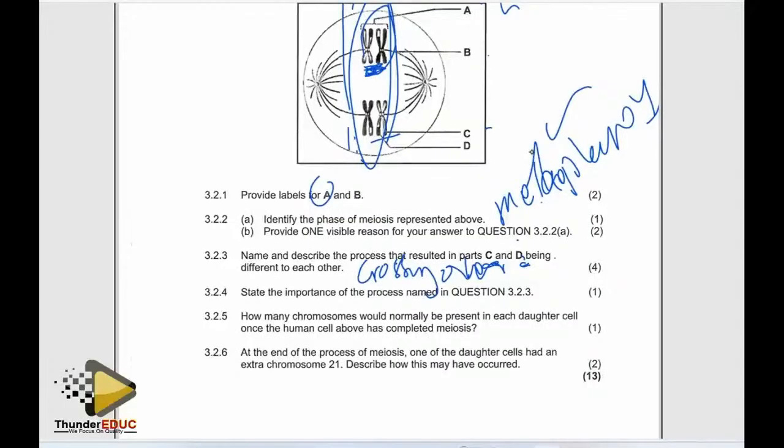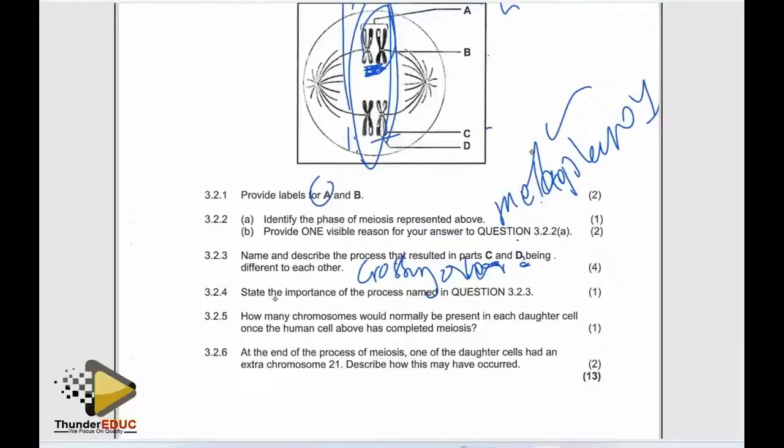Then after that they separate. So they exchange genetic material, so that now each chromosome has genetically different material. So you just describe the process of crossing over.